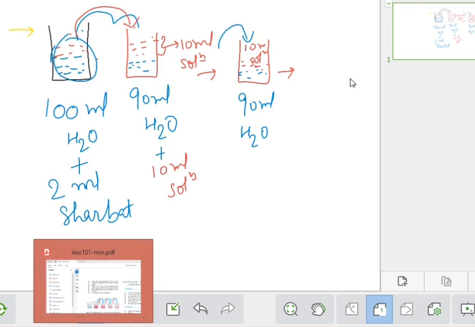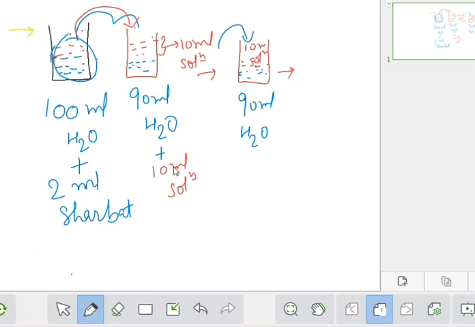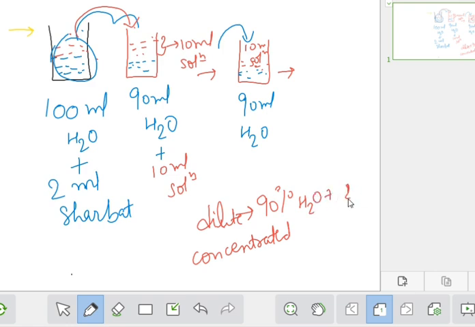Similarly, here I also want to mention what is dilute and what is concentrated. Dilute means there is more proportion of water. Suppose there is 90% water and 10% of another solution, here sharbat. We say it is very diluted, very light, because water is more.